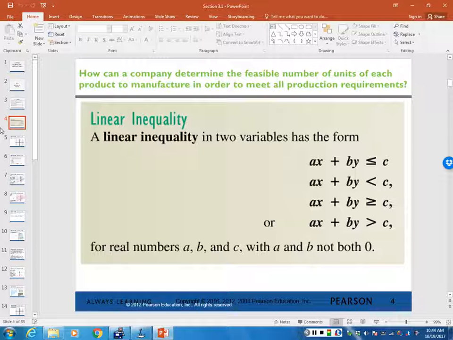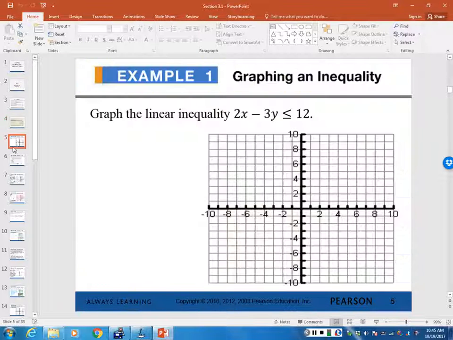But we're not interested in the solution to a single linear inequality. We're going to be looking at these in pairs or threes. So here's what we're going to be faced with to begin with. We want to graph the linear inequality 2x minus 3y is less than or equal to 12.